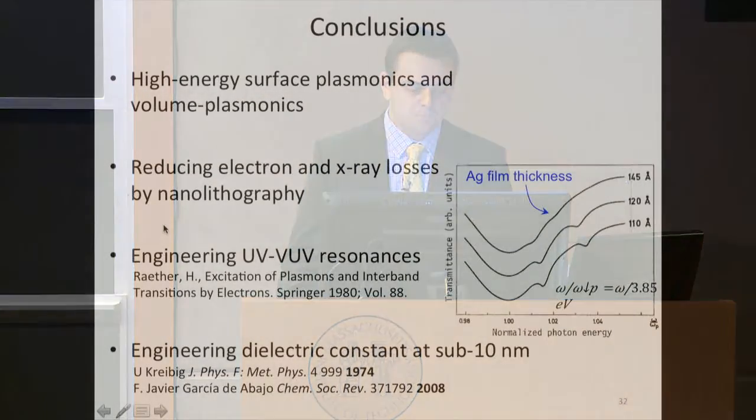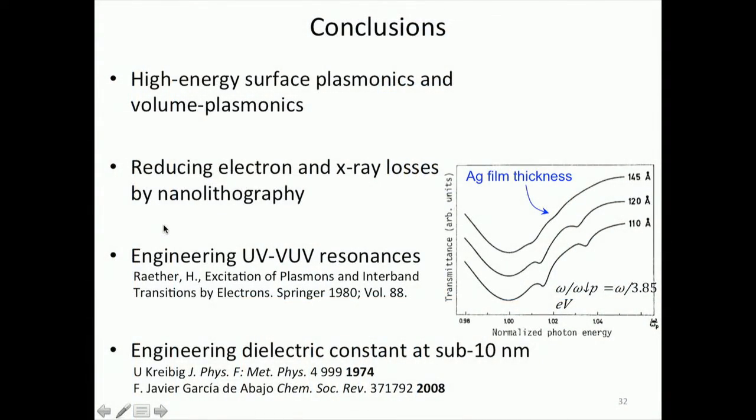Furthermore, I show that by controlling the volume plasmon resonance, we are controlling VUV resonance. So in this paper here on the right, in a book from Raether and in other papers, people have shown that under specific conditions you could achieve volume plasmon excitation with VUV light.